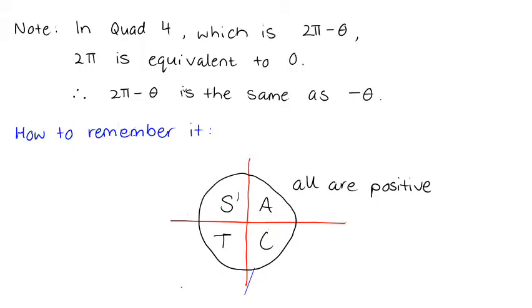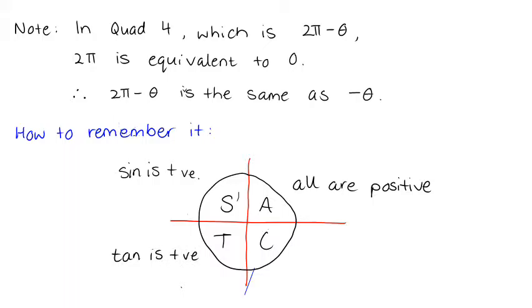So in the first quadrant, all of sine, cos, and tan are positive values. In the second quadrant, only sine is positive. In the third quadrant, only tan is positive.